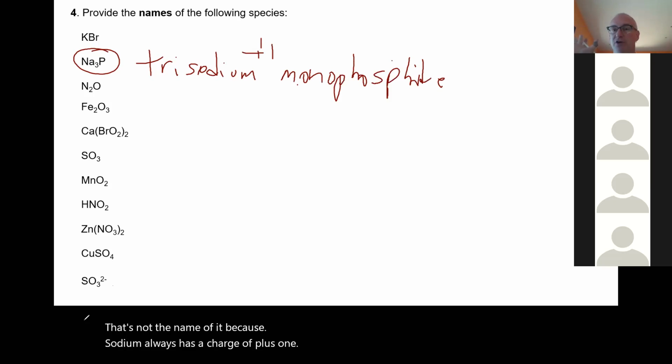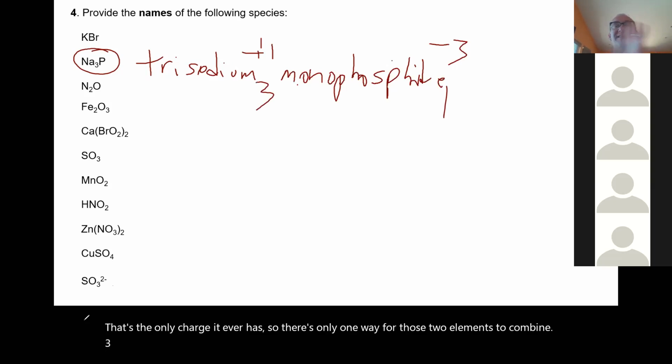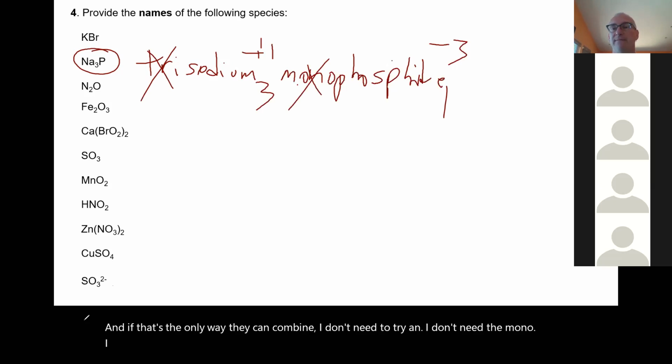Always. That's the only charge it ever has. Phosphide only has a charge of -3. That's the only charge it ever has. So there's only one way for those 2 elements to combine, 3 to 1. And if that's the only way they can combine, I don't need the tri and I don't need the mono.